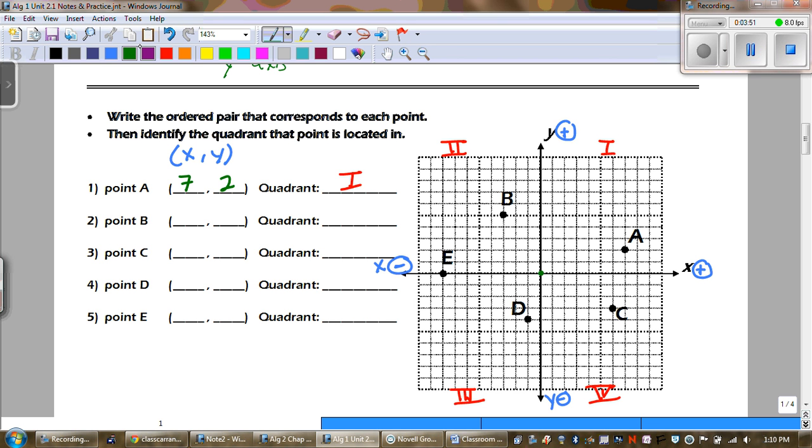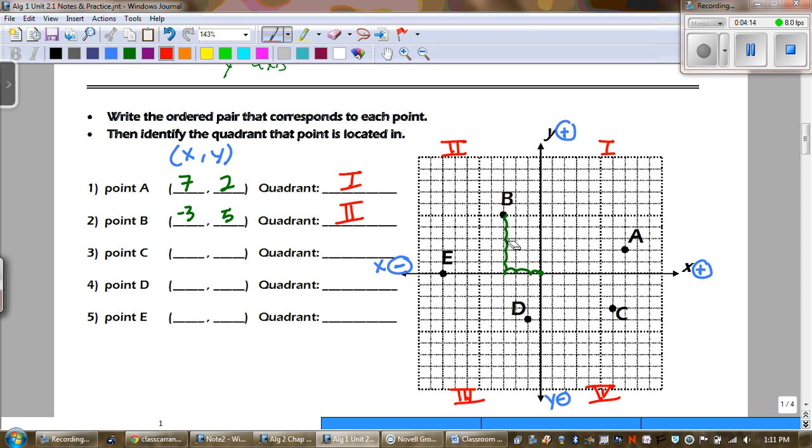All right, let's try B. We start at the 0, and to get to B, I need to go 1, 2, 3 to the left, so it's a negative 3. And up, if you notice, it's on a dotted line, positive 5. And that's in quadrant 2.